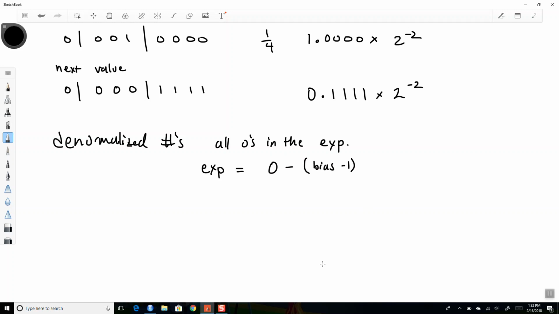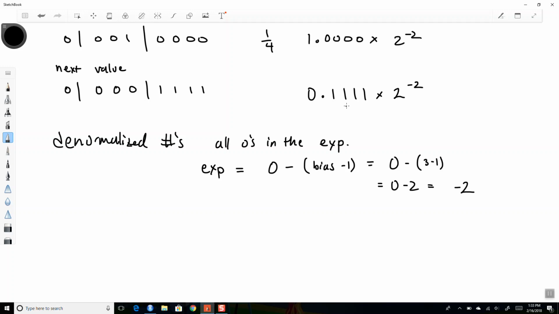Normally our bias is 3. We would subtract 3. But now we would do 0 minus 3 minus 1, so we have 0 minus 2. So the exponent is going to be negative 2. So instead of decreasing by the bias of 3 as we normally do, when it's denormalized, we decrease by only 2. And this allows us to keep a continuum of numbers without messing things up.